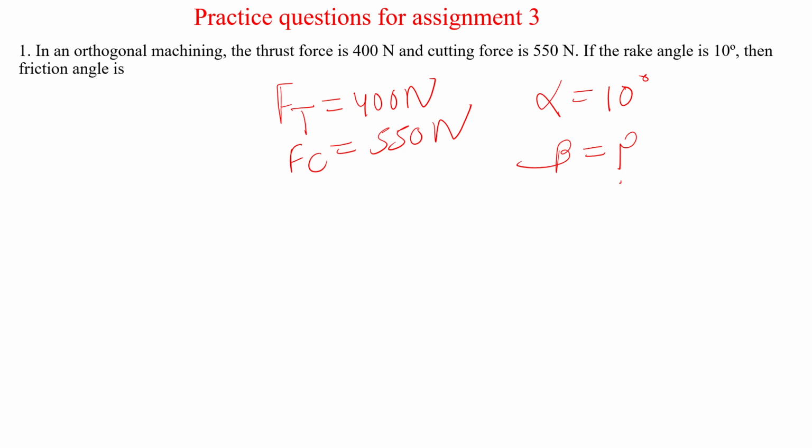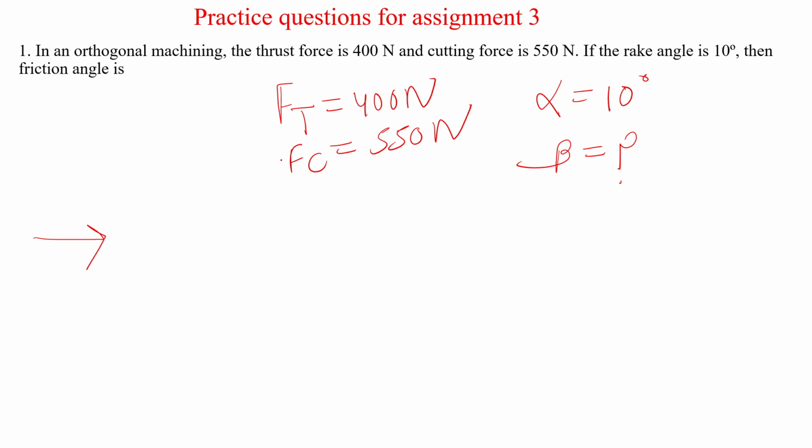Has anyone got any answer? 46.02 degrees. Okay. Anyone got any other answer? This is very simple. You can do it instantly, just put in the formulas. Okay, I'll solve it.